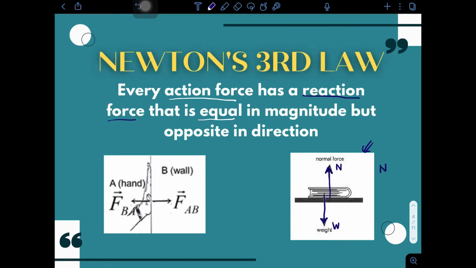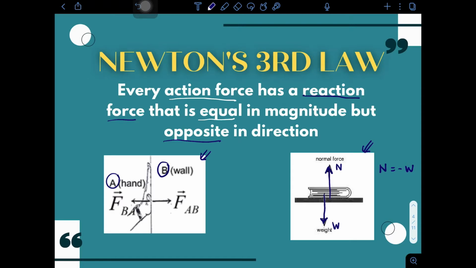So the magnitude of N is equal to the magnitude of W, which is the same value as W but in the opposite direction. N is positive and W is negative, because this definition says that the direction of the reaction force is opposite. So let's say A refers to the hand and B refers to the wall.